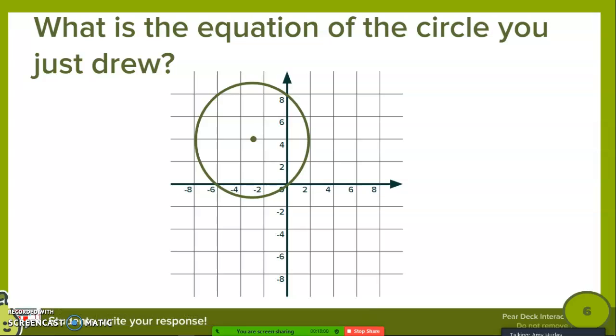So what is the equation of the circle you just drew here? Take a second, write it down, come back and see how you did.